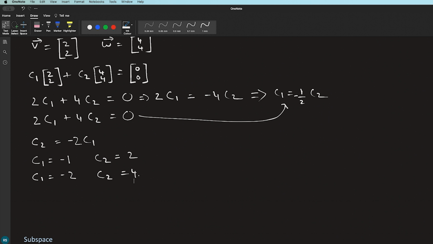If we put these two scalars in the above equation, we never get the resulting vector as a zero vector. So we can say that the two vectors (2, 2) and (4, 4) are called linearly dependent vectors.